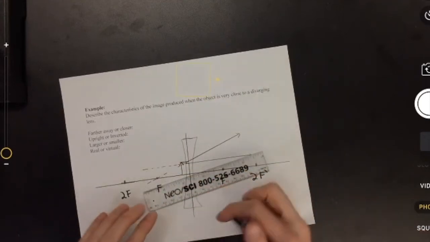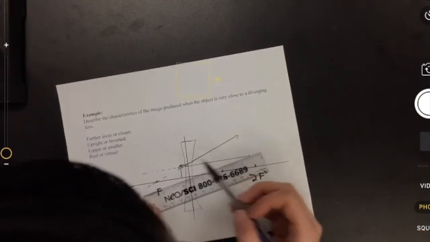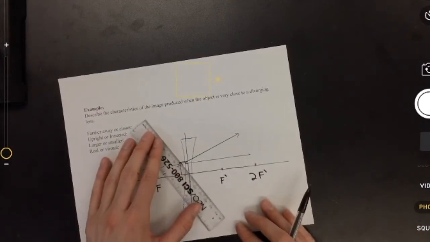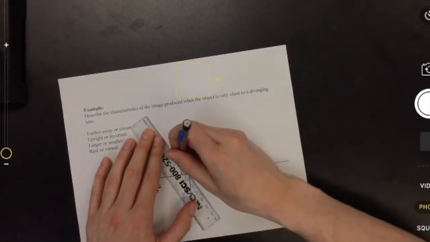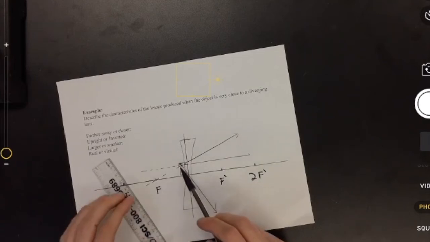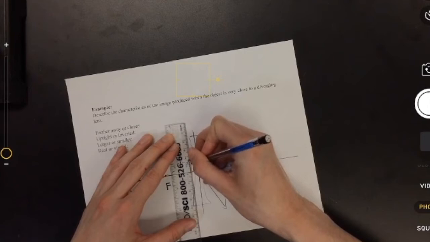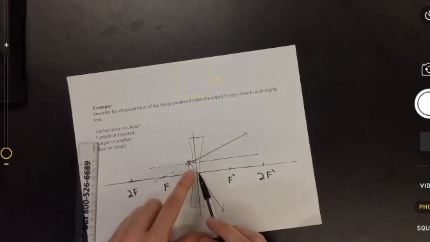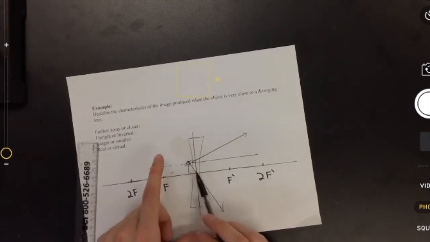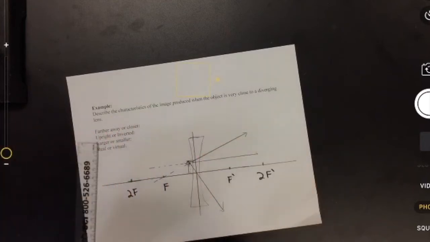You can see the intersection is happening very close to the object here, right? And if we go ahead and do our center one, notice they're intersecting right there. So it's still virtual, still diminished, still erect, still closer to the lens than the object, but that difference is now less exaggerated, right?